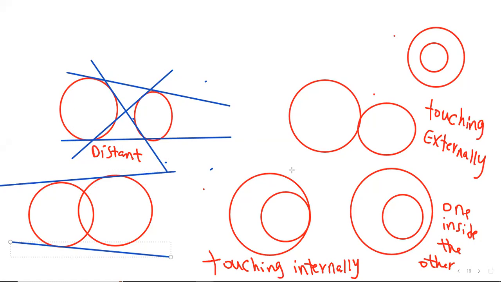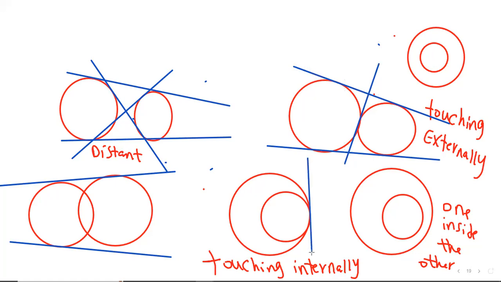If the two circles are touching externally, you will get 3 common tangents, 1, 2, 3. And if the two circles are touching internally, you will get only 1 common tangent. And if the two circles are one inside the other or concentric circles, you will get no common tangents.